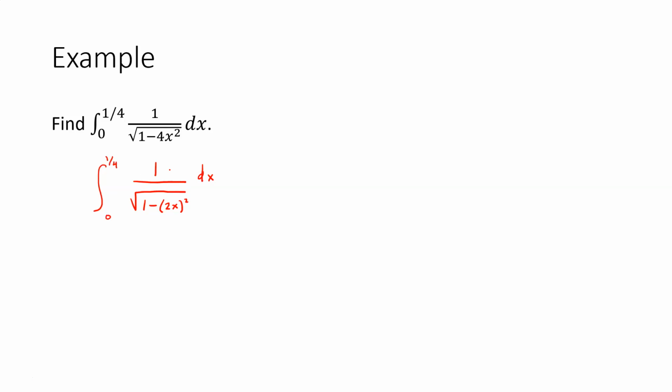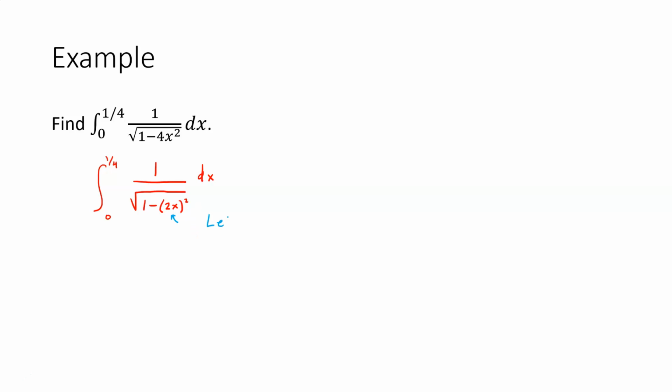Say, for instance, I want to substitute this value here where we've got 4x squared. Well, if I rewrite that as 2x in parentheses squared, now I can see that we can replace the 2x with u, and then we'll have something in the form 1 over the square root of 1 minus u squared, which is exactly the form that we know the antiderivative for.